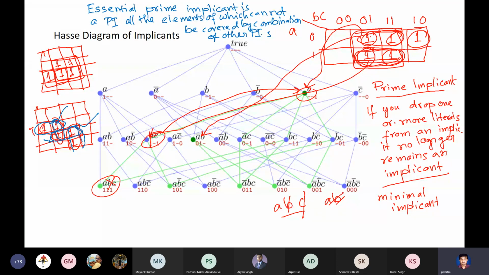Why are you looking for essential prime implicants? Because if it is not essential, if we have the other ones which cover this, then I might as well. See, my final goal is to cover all possible input cases, to cover all the rows of the truth table by my function, by my expression. So basically in the Karnaugh map, I want to cover all the true minterms.